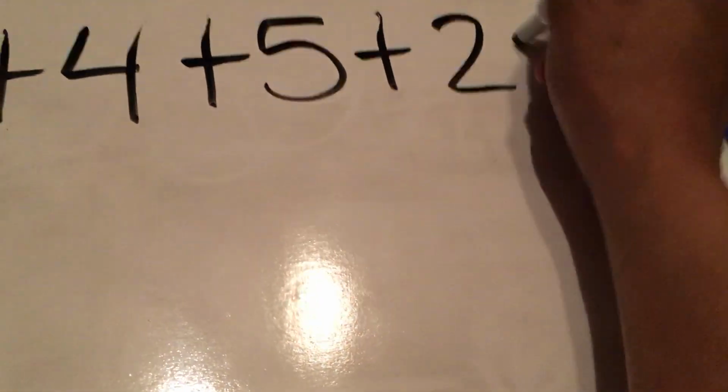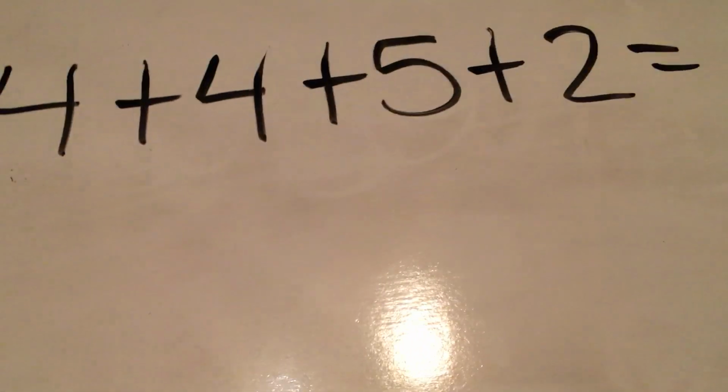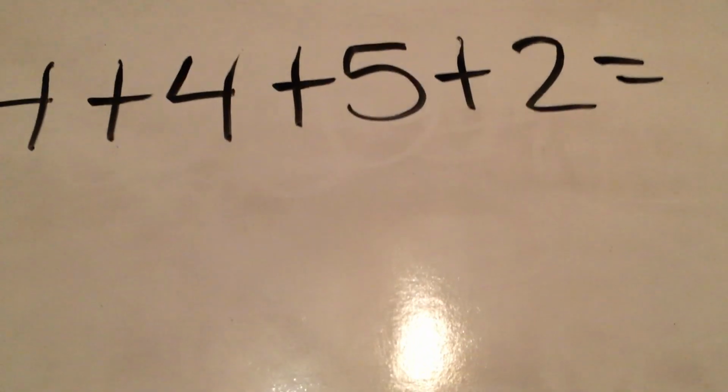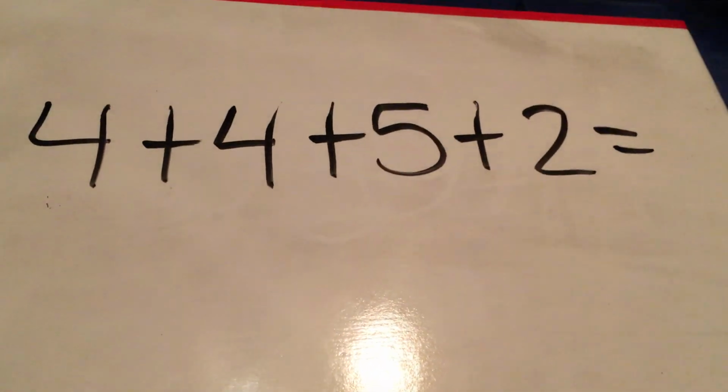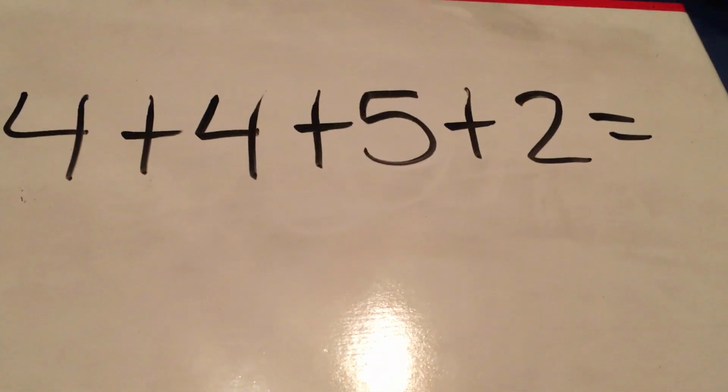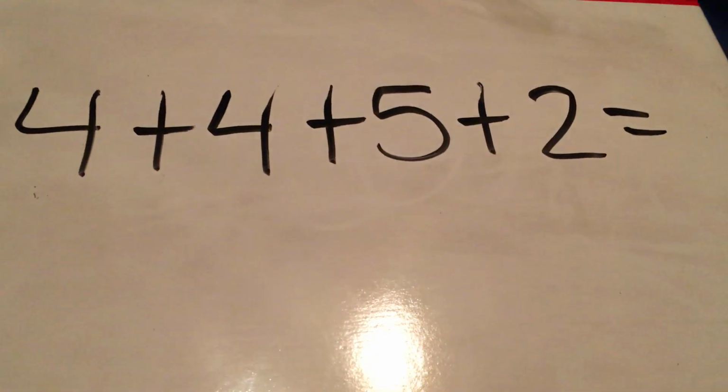All right, now we're going to move on to 4 digits, 4 add-ins. For that one, let's see, 4 plus 4 plus 5 plus 2. So now I'm working with 4 numbers, 4 add-ins. And what I'm going to do for that is I'm still going to find 2 numbers to work with.